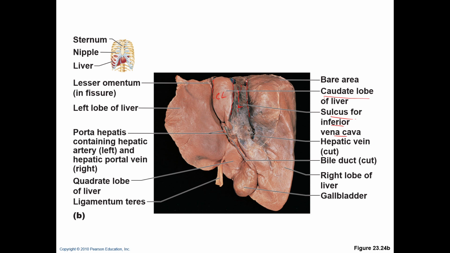So the caudate lobe is just beside the inferior vena cava. And this rectangular lobe is called quadrate. Quadrate means four, so rectangular. And it is just next to the gallbladder. This is the gallbladder. So those are the other two lobes of the liver.